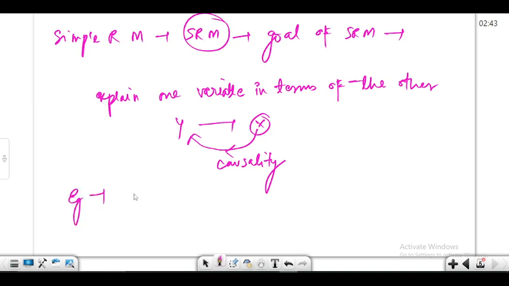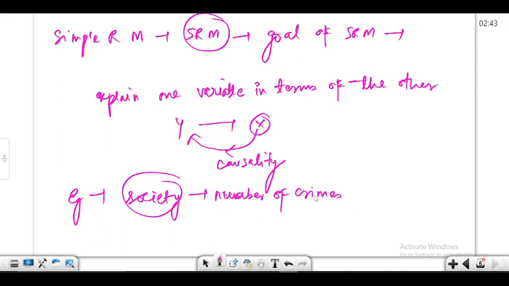So let's take an example. Suppose there is a society and we are interested in calculating the number of crimes in the society given the number of police officers.